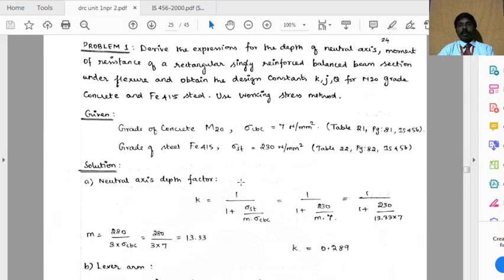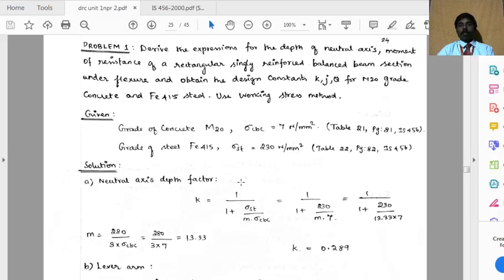Let us have a look at the problem. The given question is: derive the expression for the depth of neutral axis and moment of resistance of a rectangular singly reinforced balanced beam section under flexure, and obtain the design constants K, J, Q for M20 grade concrete and Fe415 steel using the working stress method.